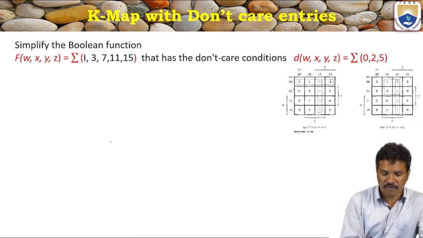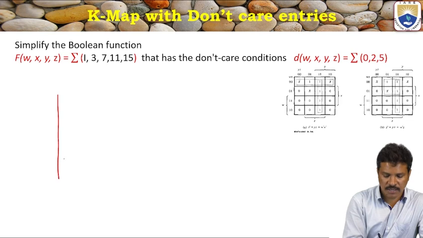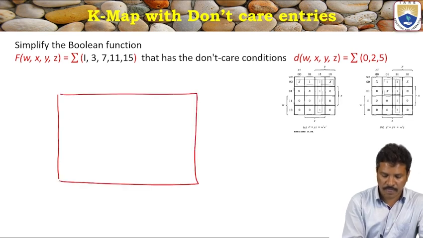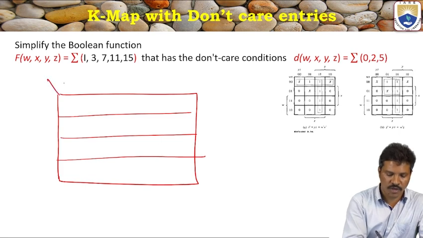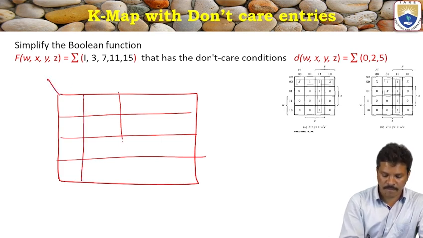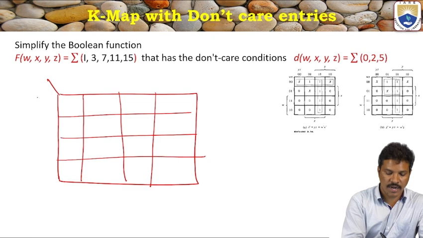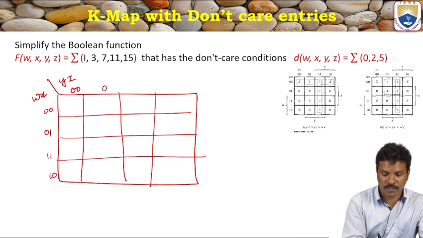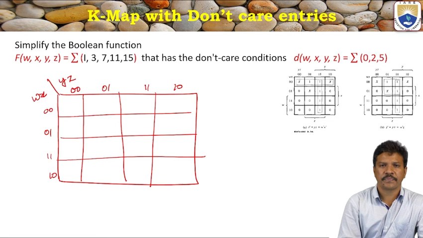So take the 4 variable K-map, very easy. This is the 4 variable K-map. We can take wx in horizontal, yz in vertical, 0 0, 0 1, 1 1, 1 0, and 0 0, 0 1, 1 1, 1 0.